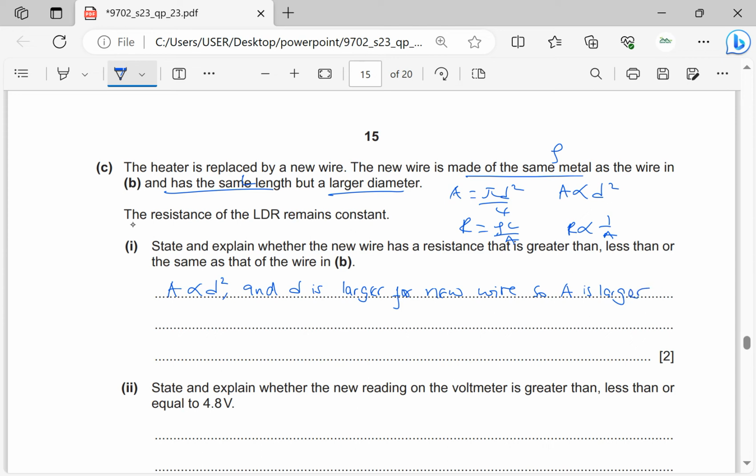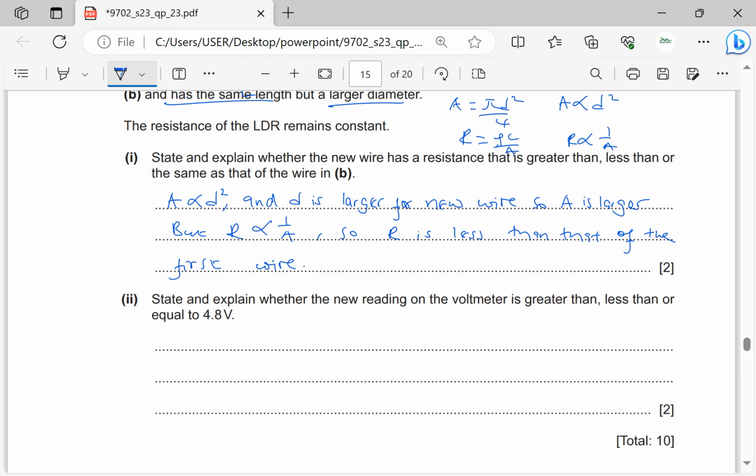Area is larger, but we know that resistance is inversely proportional to area. So R is less. So the resistance is going to be less than that of the first wire.